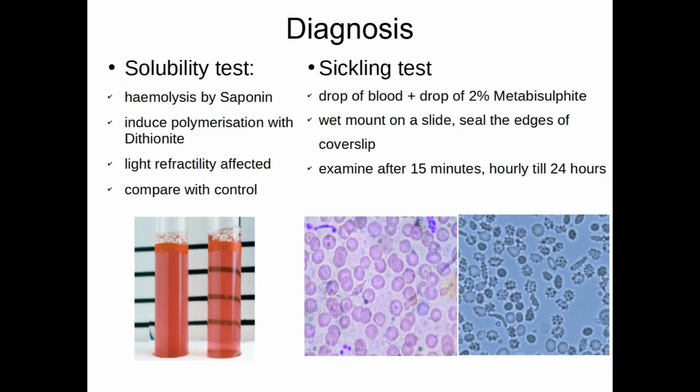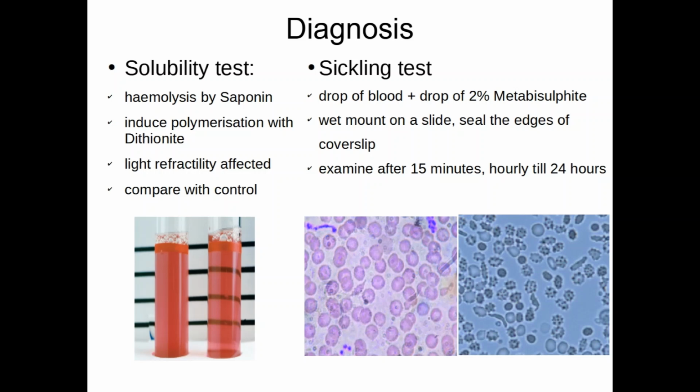So if you keep a paper with stripes behind the tubes in a patient having sickling, you will not be able to see the stripes on the paper in the background. Whereas if you take blood of a normal individual and do the same procedure, there won't be any polymerization and hence the refractility of light is not affected and you will still be able to see the stripes in the background. So one test and one control tube.